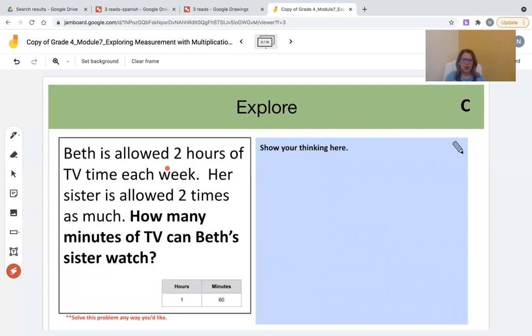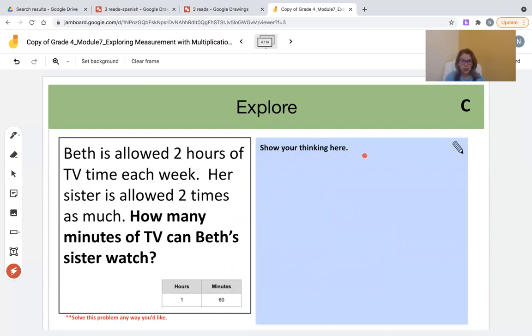Beth is allowed 2 hours of TV time each week. Her sister is allowed 2 times as much. How many minutes of TV can Beth's sister watch? Now, students and scholars, there is a question that we can solve. You can show your thinking here in this blue section.